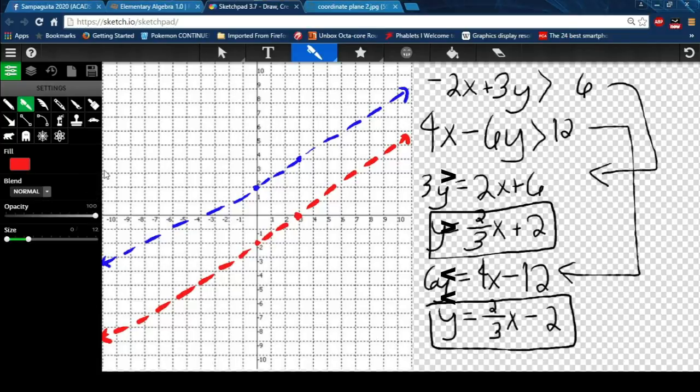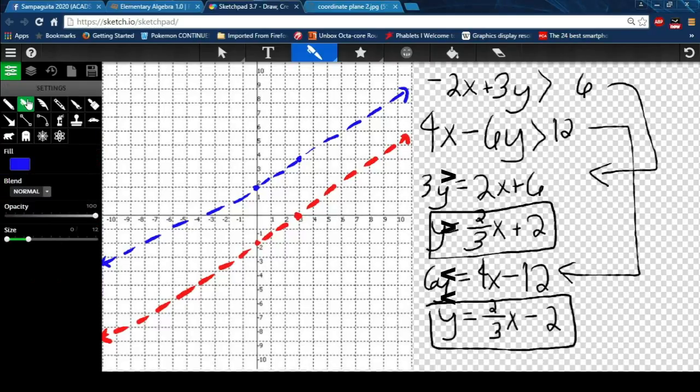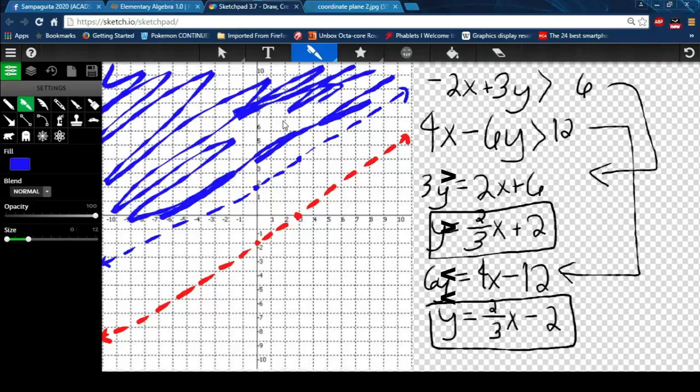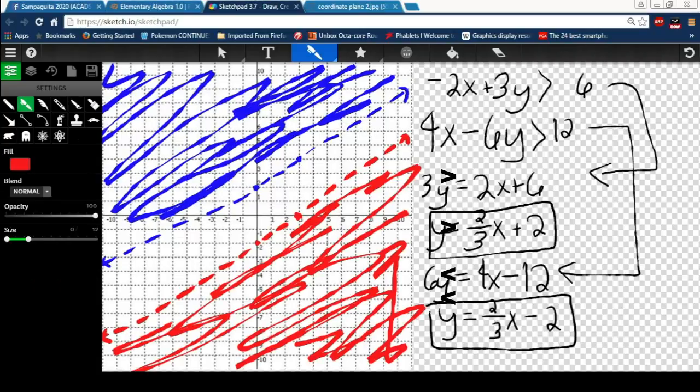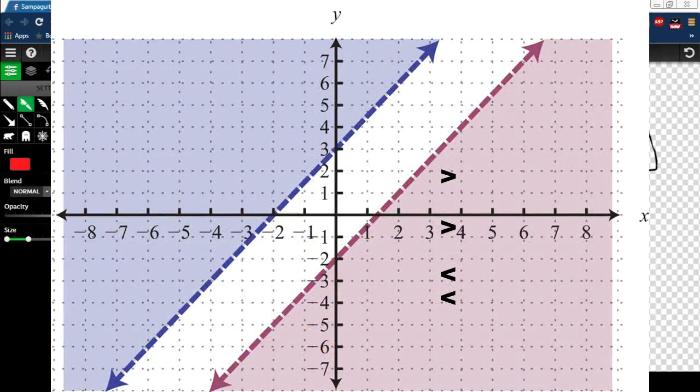Okay, now we will do the shading. I forgot to do the shading. So this one we shade all points above it. Then for the second inequality, we'll shade all points below it. And my shading's amazing. So as you can see, there is no intersection of these two shaded regions.